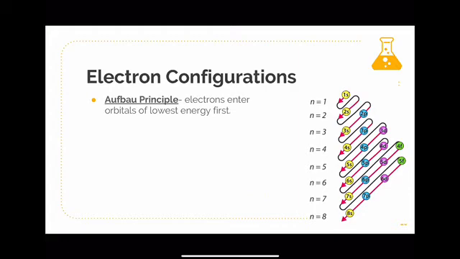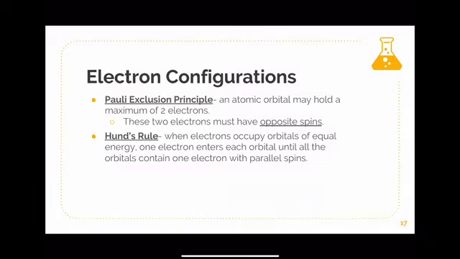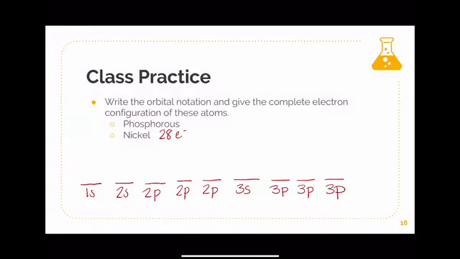Let's go back and consult our thing. After 3p, it goes to 4s and then 3d, okay? So let's write those in. So 4s and then 3d. And that one is d, and so d is 5, remember?